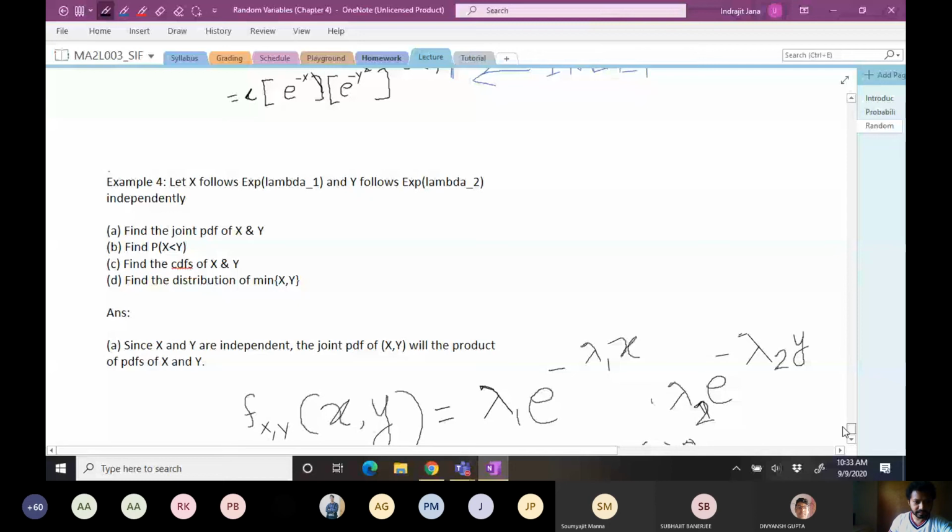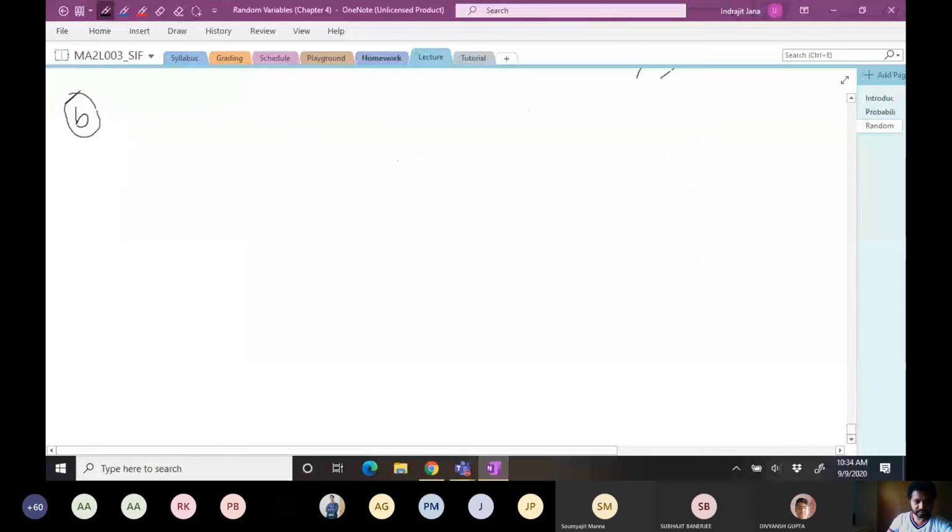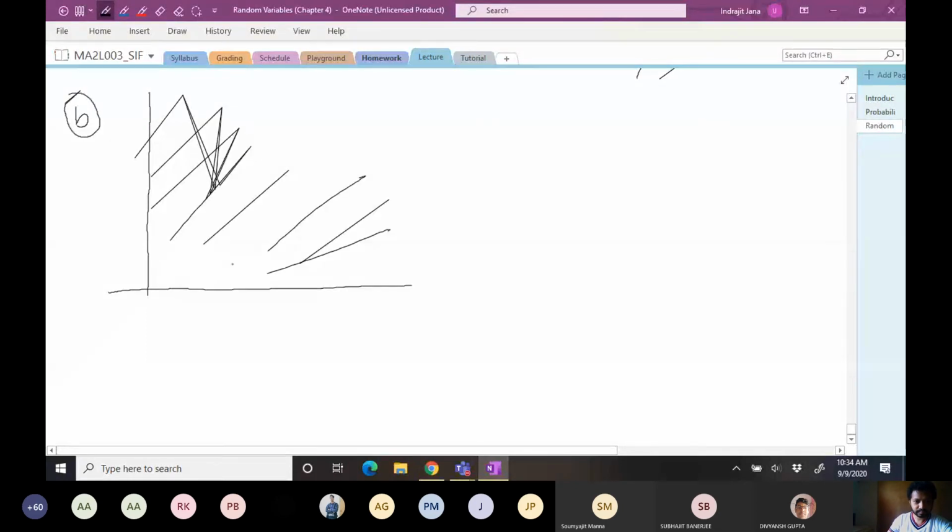Second part is find the probability x less than y. So if I draw the picture of the domain of x and y, x bigger than 0, y bigger than 0, that is this whole domain. What we want to find is x less than y.